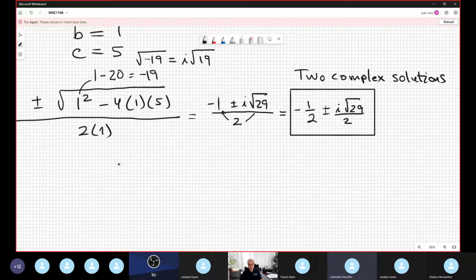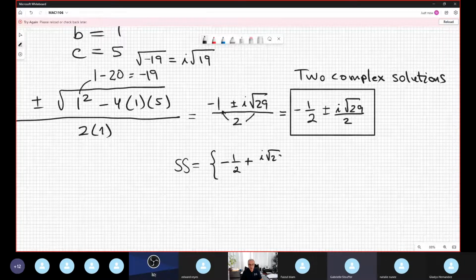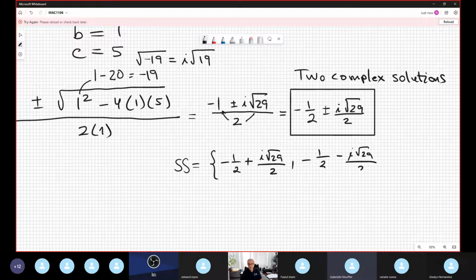We have two or four, an even number, and they come as a couple of conjugates. Remember, you write the solution set separately, not in this notation. I prefer this notation. It's easy: negative 1/2 plus i radical 19 over 2, comma, negative 1/2 minus i radical 19 over 2. Boom. Two complex solutions and they are conjugates.